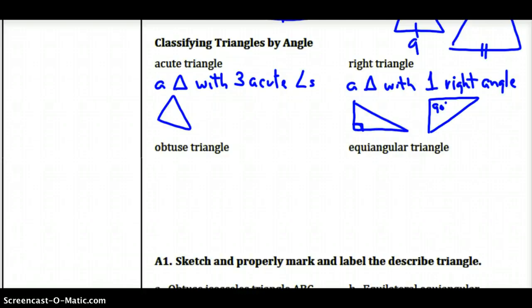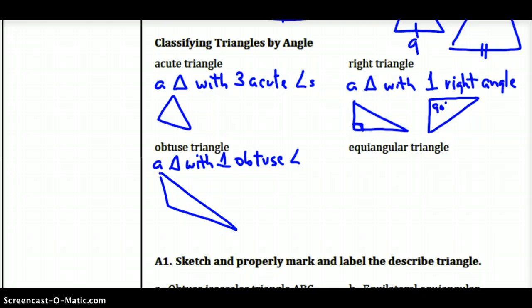An obtuse triangle is a triangle with one obtuse angle. Okay. And again, it could look like this. And obviously, for obtuse, we could put 131 degrees if we wanted to there. Okay.